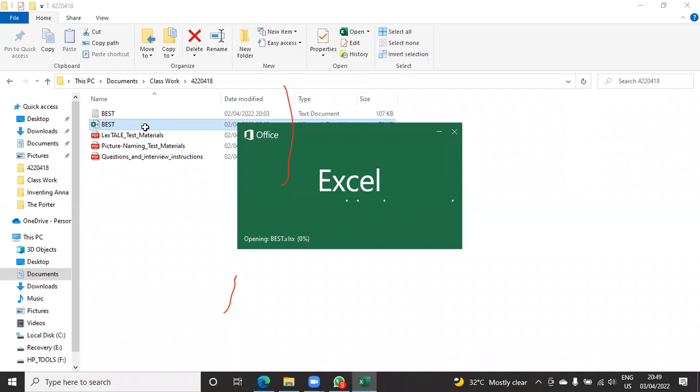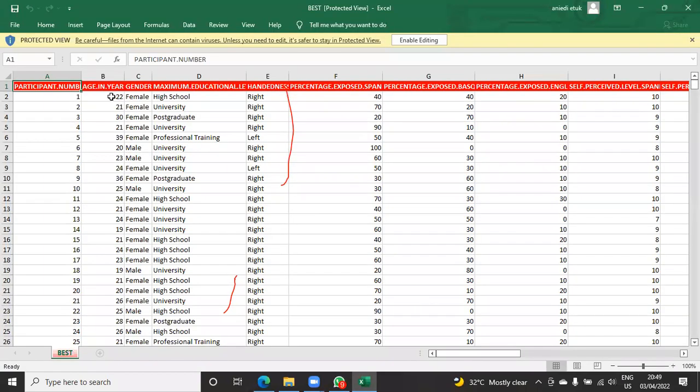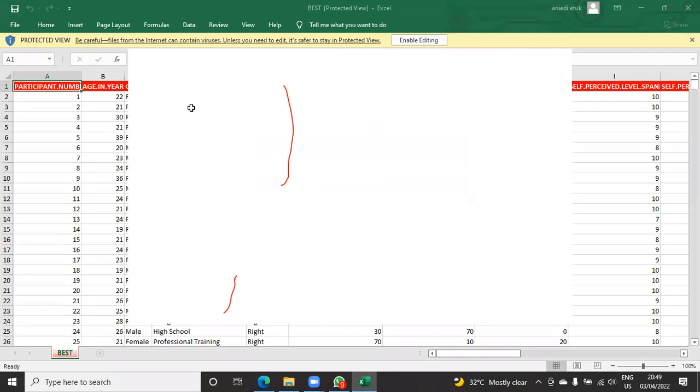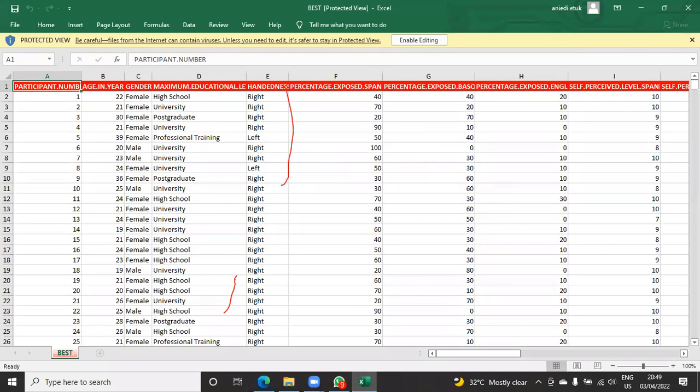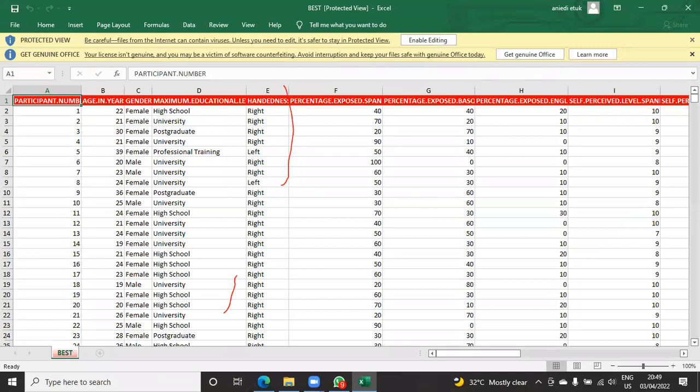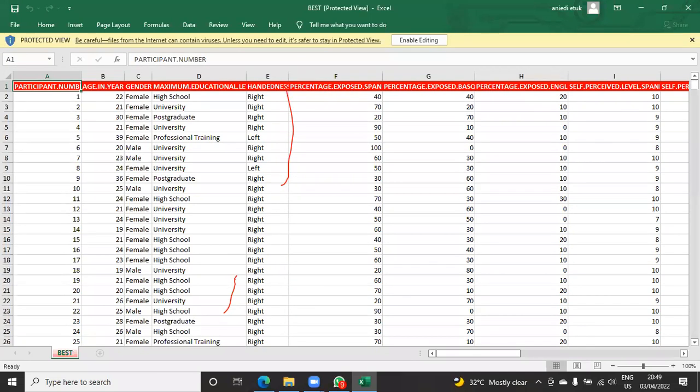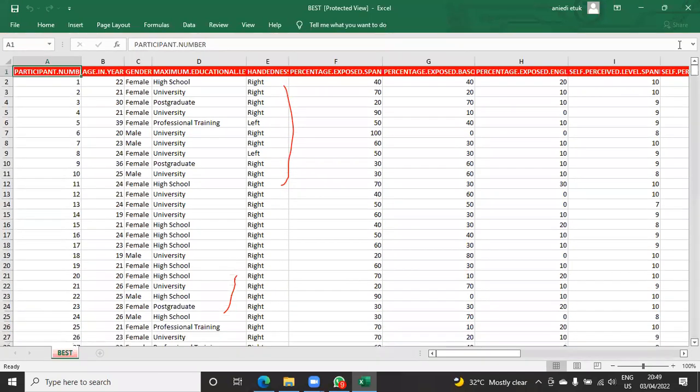But this data was obtained from them without them telling the researcher if they can speak the language fluently or not.